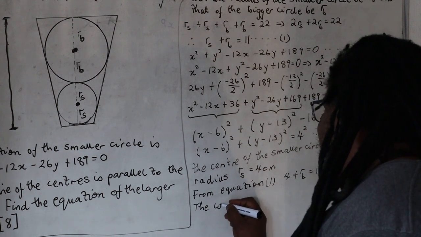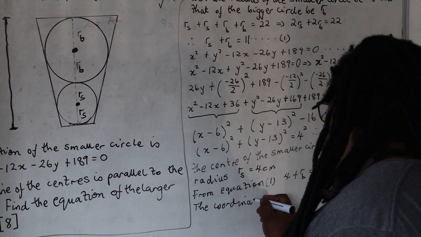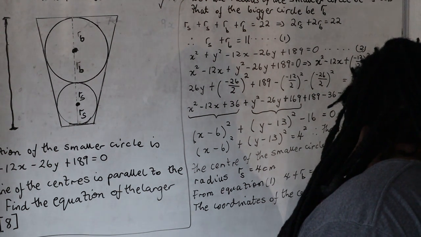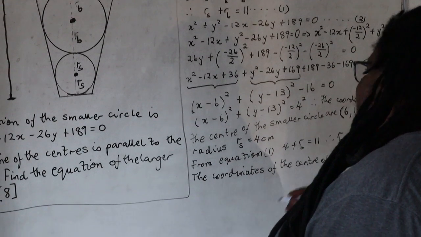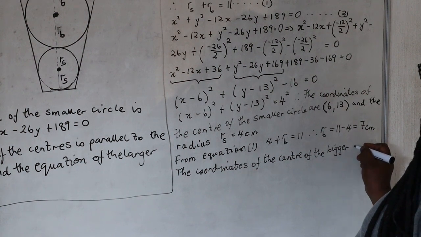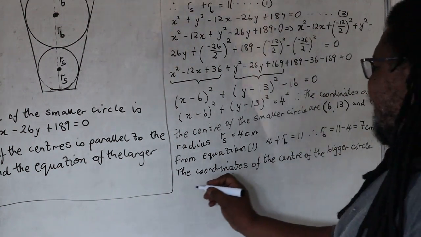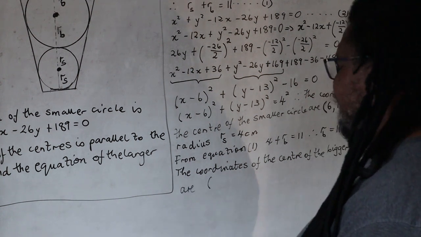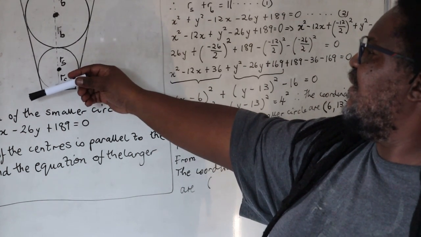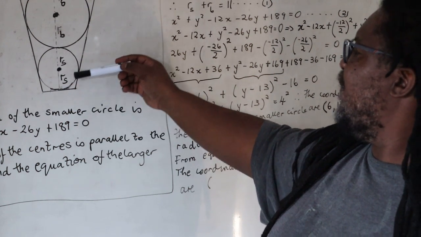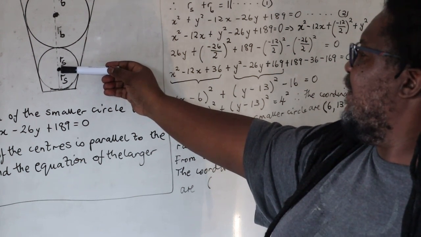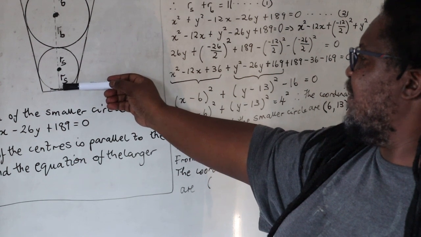the coordinates of the center of the bigger circle are, so if you look, this line here, we are told it is parallel to the y-axis, and we know that the coordinates of RS, the coordinates of the smaller circle is 6.